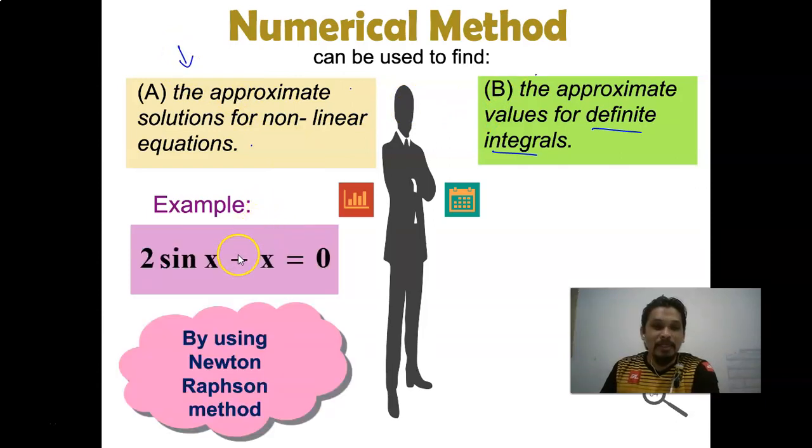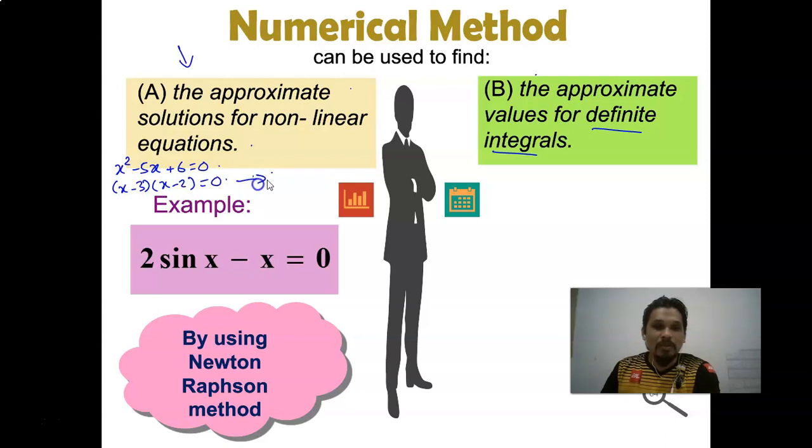Okay, example, 2 sine x minus x equal to 0. As I shared with all of you just now, if given x squared minus 5x plus 6 equal to 0, then we can simply factorize this, where x minus 3 and x minus 2.